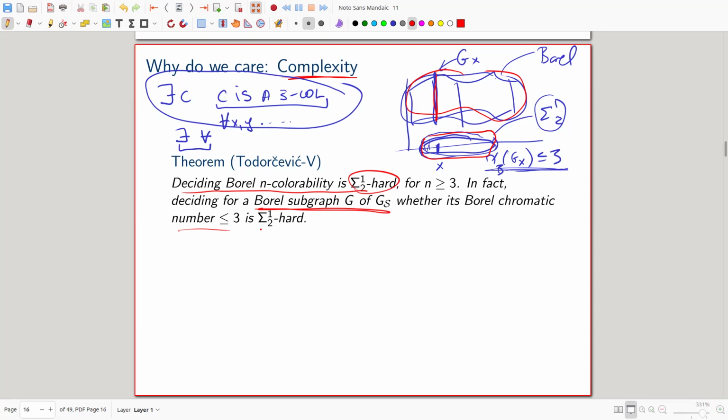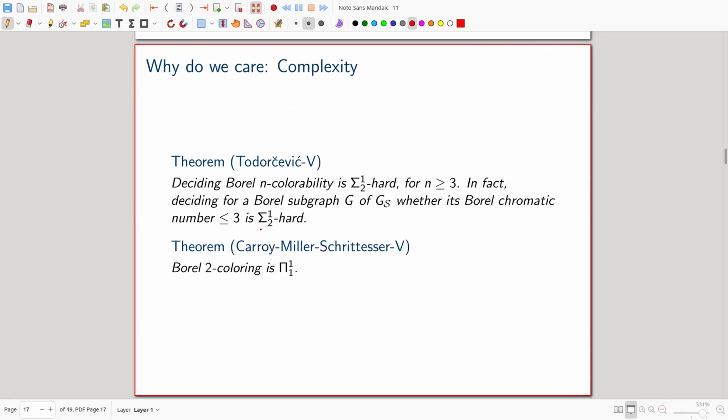And what about 2-coloring? I don't know if you would expect that or not, but 2-coloring seems to be easy. Indeed, Borel 2-coloring is just pi 1, 1, so you can describe this with a single universal quantifier.